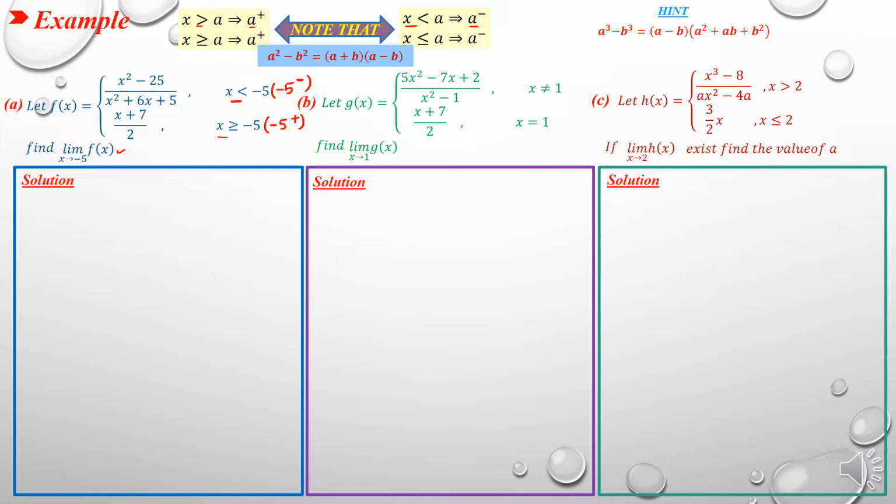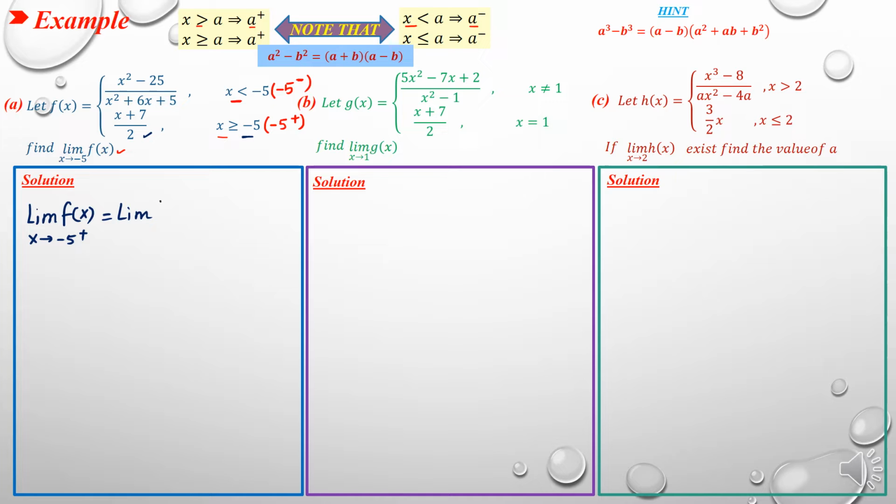Now, you have to find the limit of the function when x goes to negative 5 from right firstly. So we have limit f of x when x goes to negative 5 from right, and you have to use this function, x plus 7 over 2.